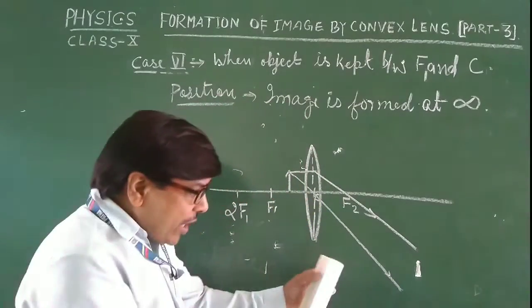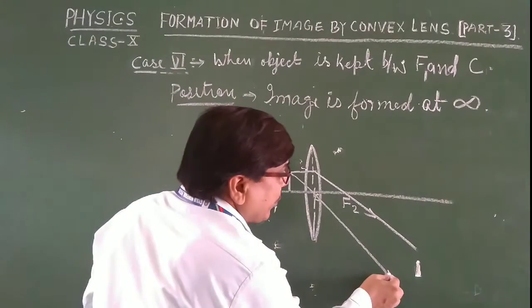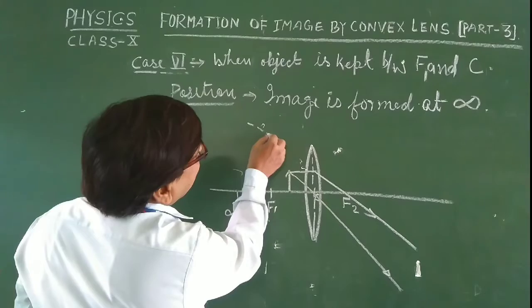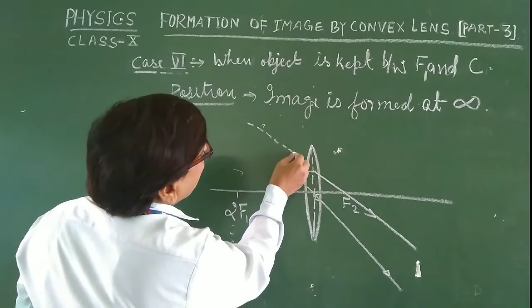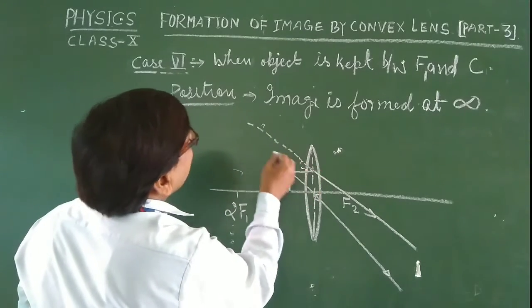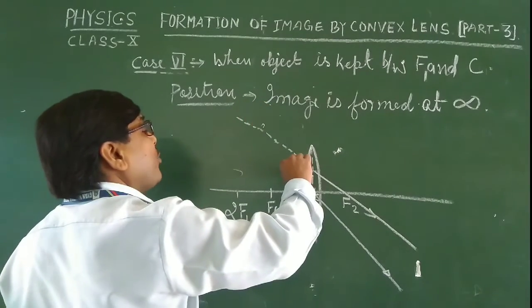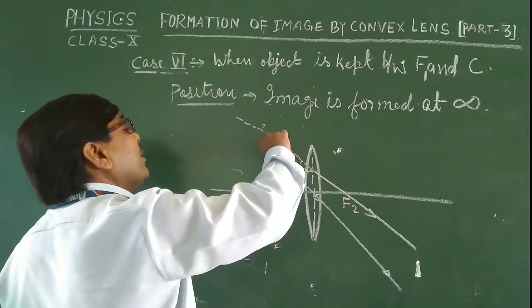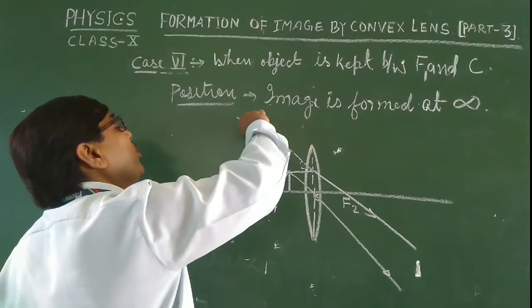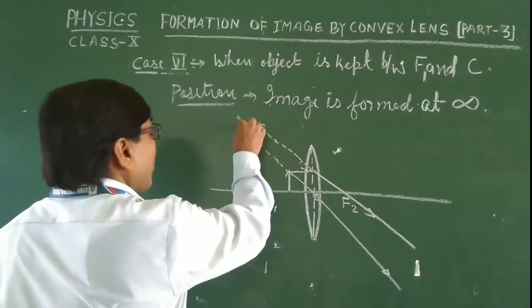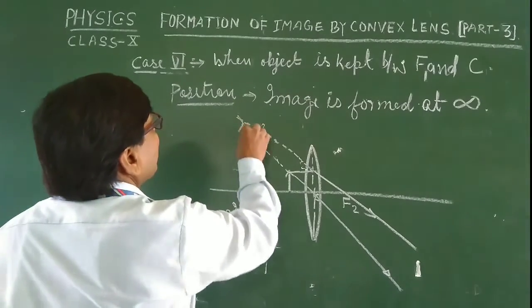Just observe that they appear to meet at the back side. So we draw a dotted line, and after refraction they intersect here. This is the image formed.